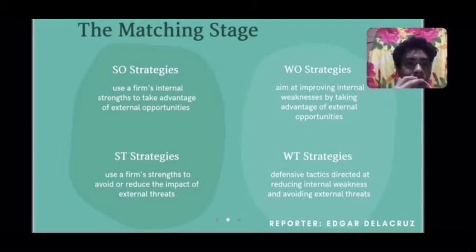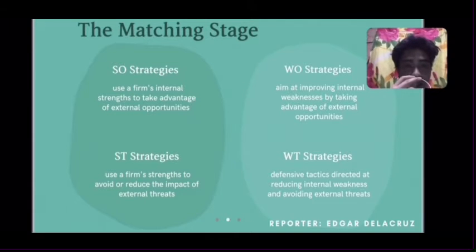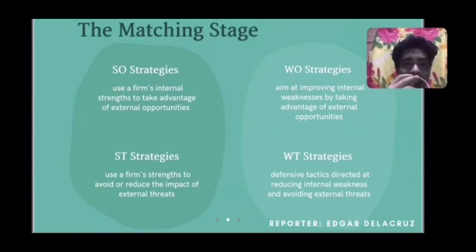SO strategies use a firm's internal strengths to take advantage of external opportunities. ST strategies use a firm's strengths to avoid or reduce the impact of external threats. WO strategies aim at improving internal weaknesses by taking advantage of external opportunities. WT strategies are defensive tactics directed at reducing internal weakness and avoiding external threats.